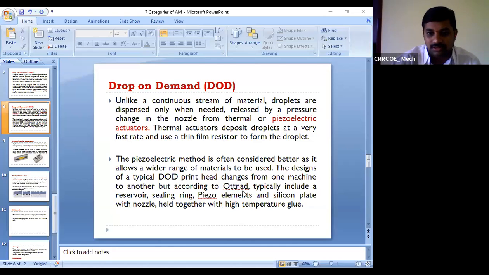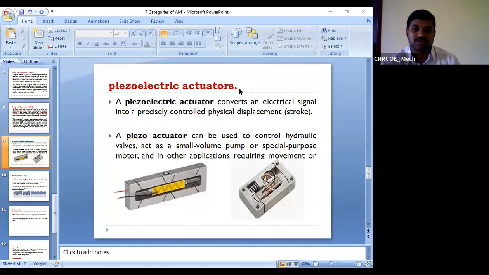The typical DOD print head changes from one machine to another according to the reservoir, sealing ring, piezo materials, and silicon plate with a nozzle held together with high temperature glue. These are the components or parts placed for this particular method to perform this process.